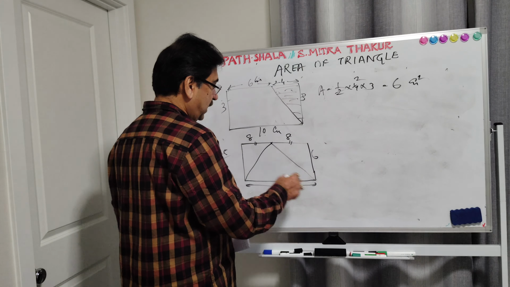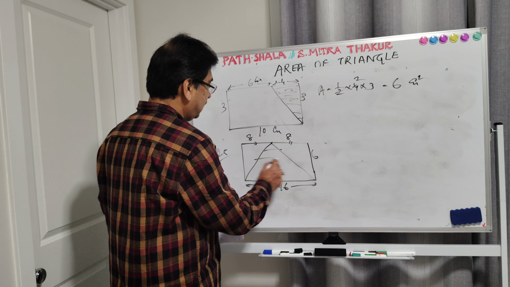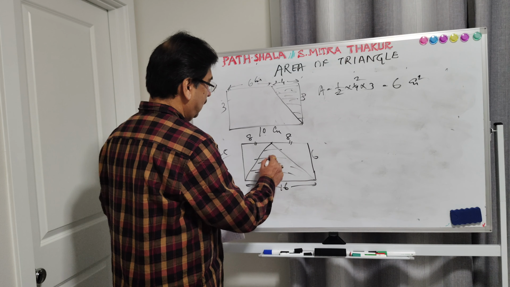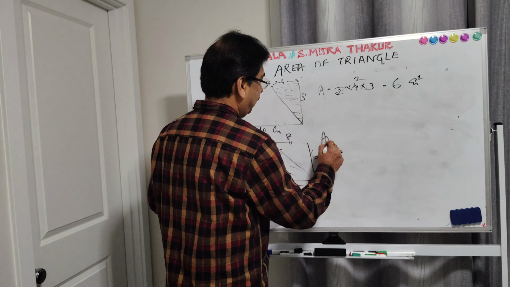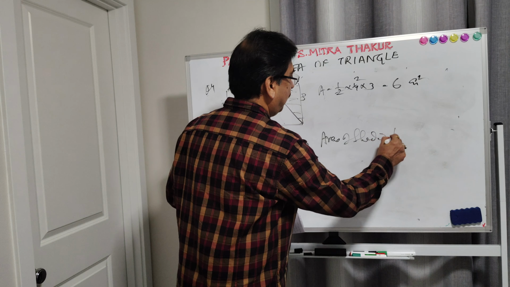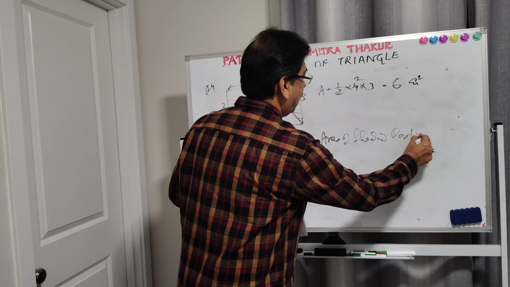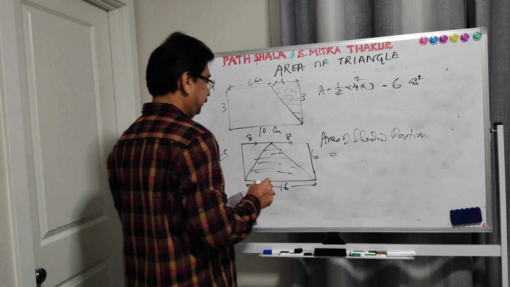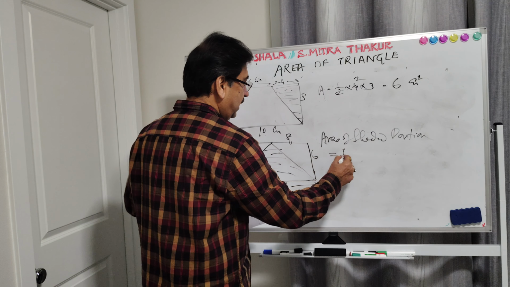So what will be the area? This is the shaded portion. So area of shaded portion is equal to half into base into height.